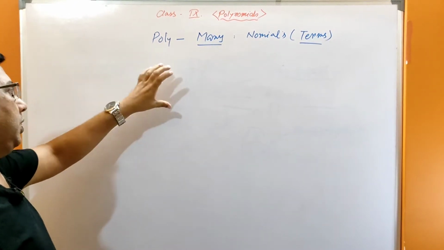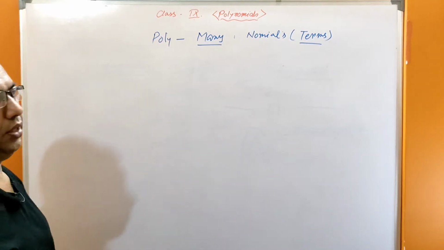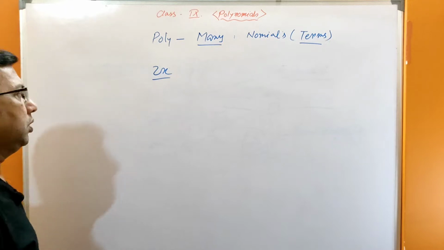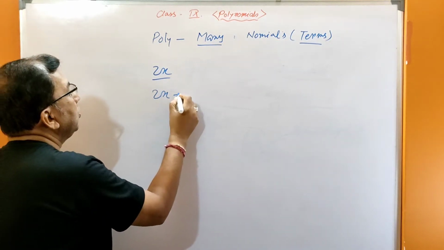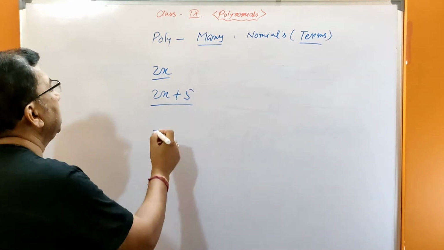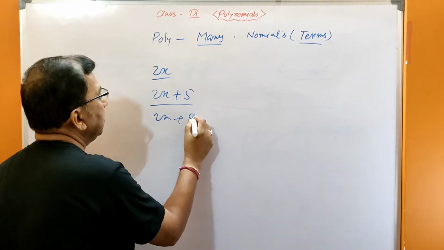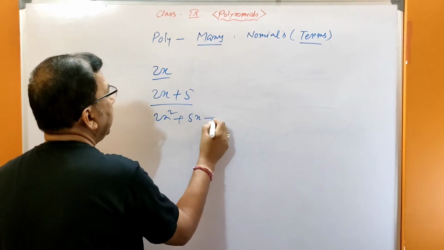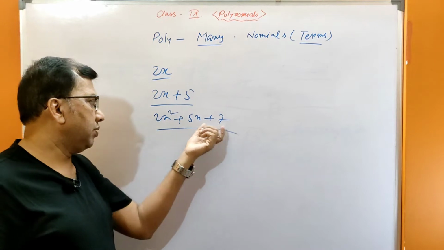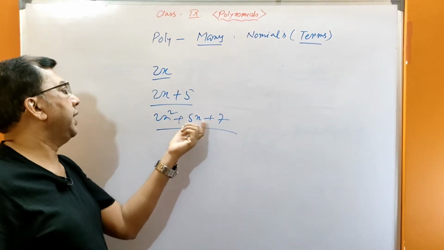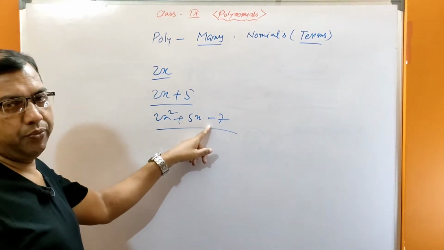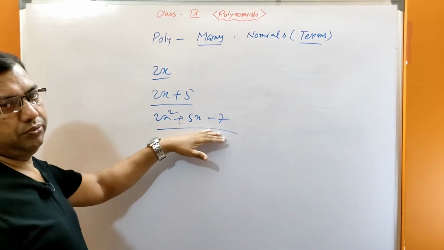A monomial has one term only, for example 2x. A binomial has two terms, for example 2x plus 5. A trinomial has three terms, 2x square plus 5x plus 7: first term, second term, third term, which are added. You can write it with minus also, plus or minus. Okay, this will be the term.